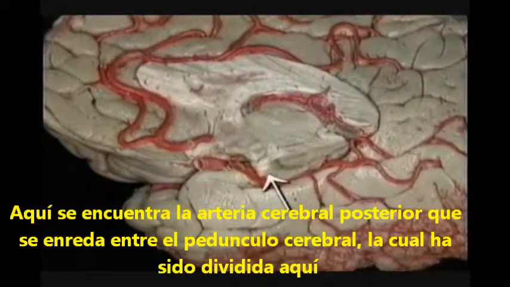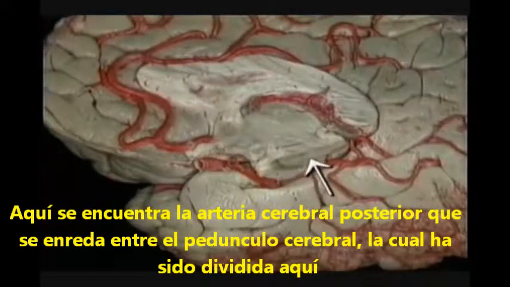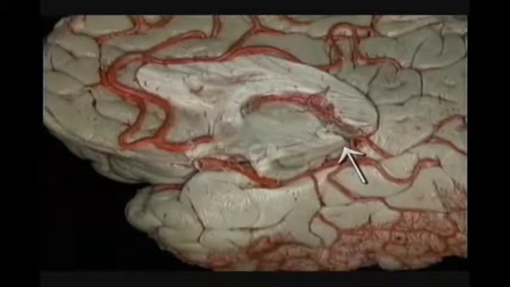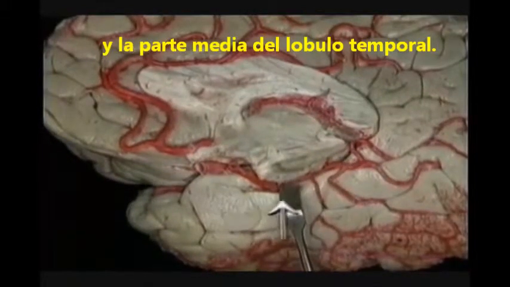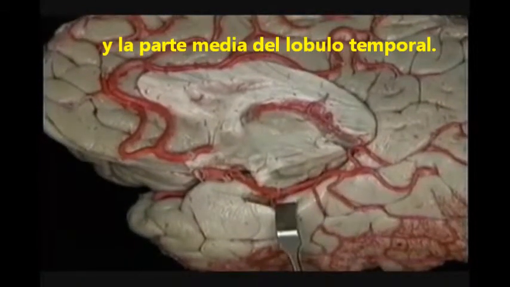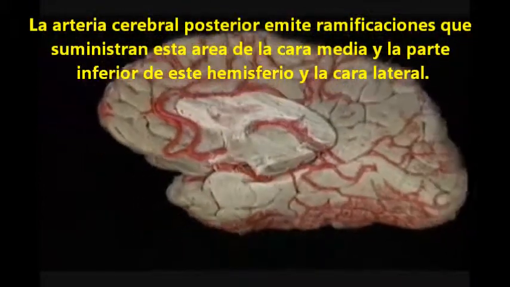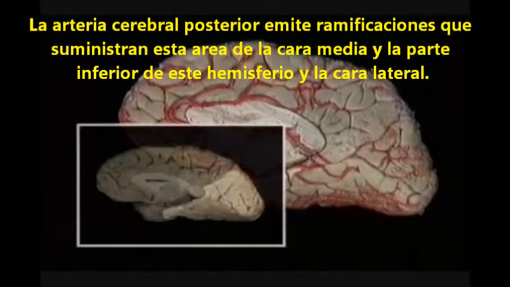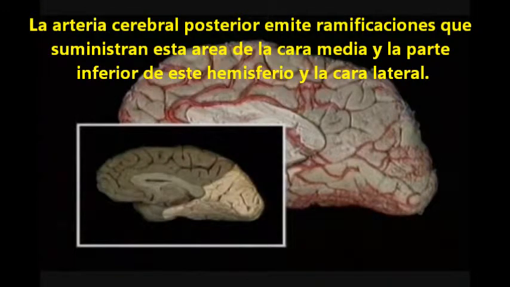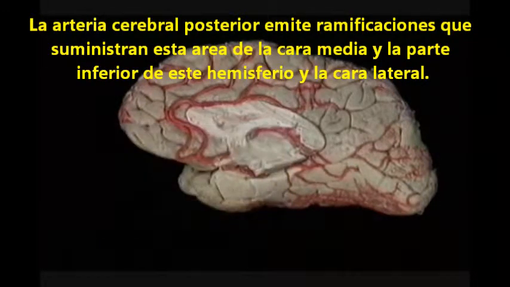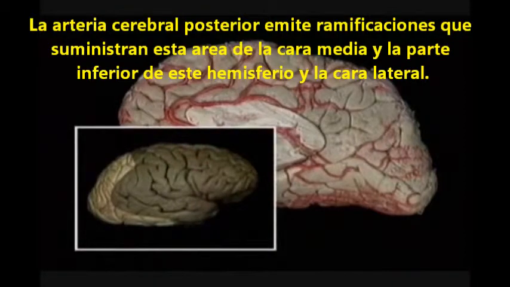It winds around between the cerebral peduncle, which has been divided here, and the most medial part of the temporal lobe. The posterior cerebral artery gives off branches which supply this area on the medial aspect and underside of the hemisphere, and this aspect on the lateral aspect.